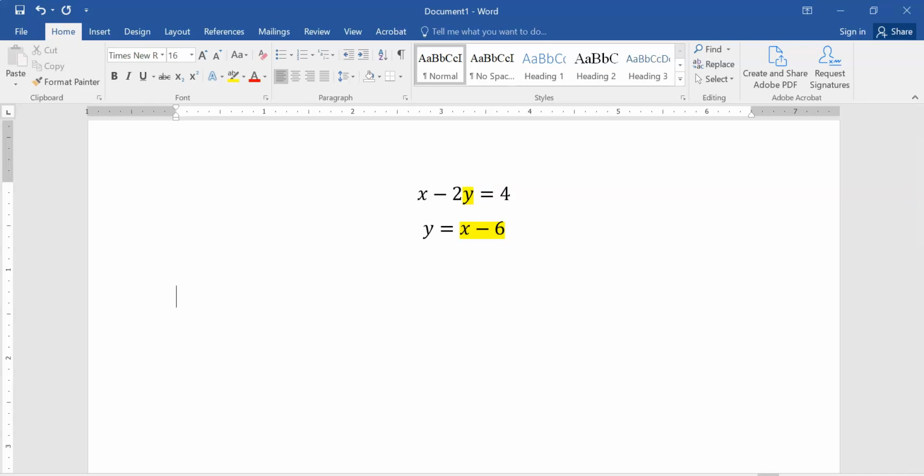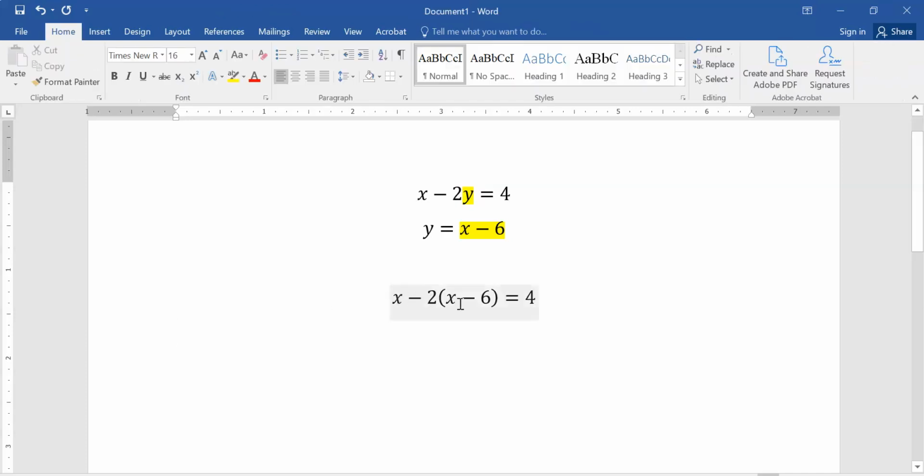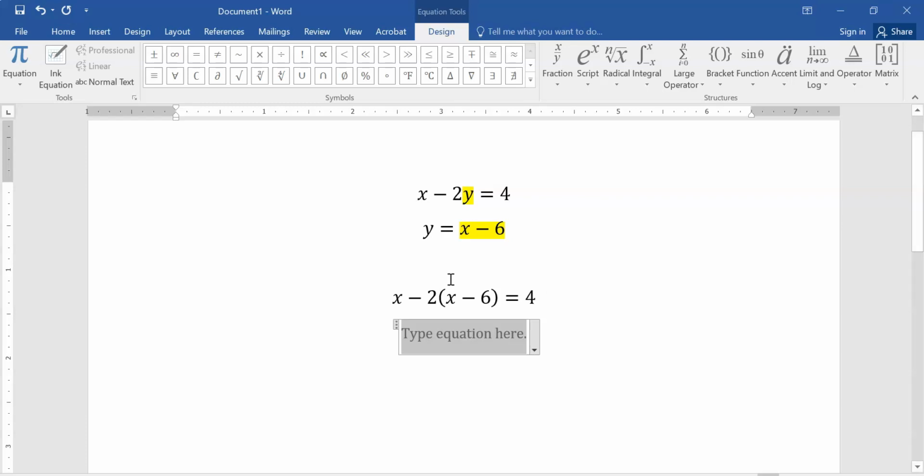So if we do that, we end up with x minus 2 times the quantity x minus 6 is equal to 4. Now that is a single variable equation. We can solve that. The way we solve that is distribute this minus 2. Minus 2 times x is minus 2x.